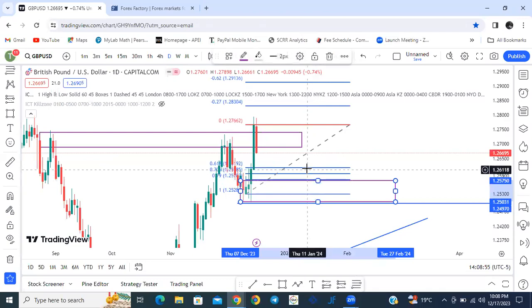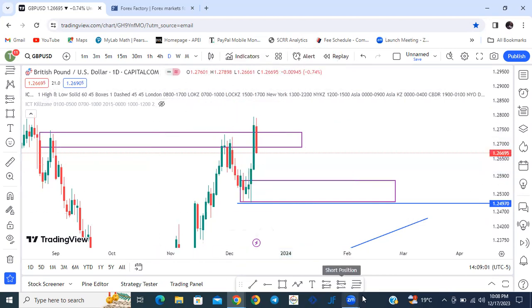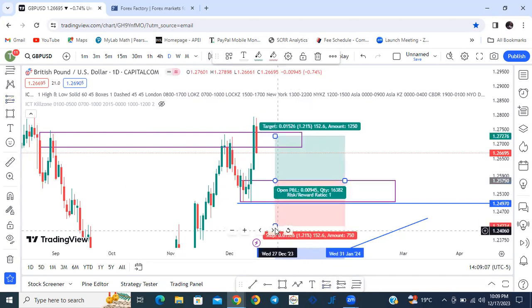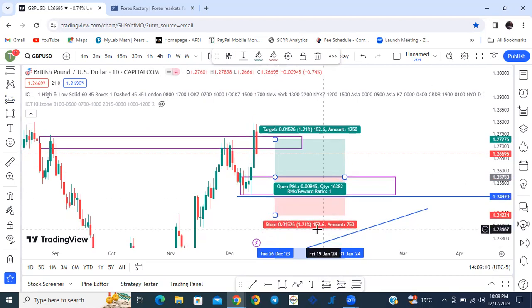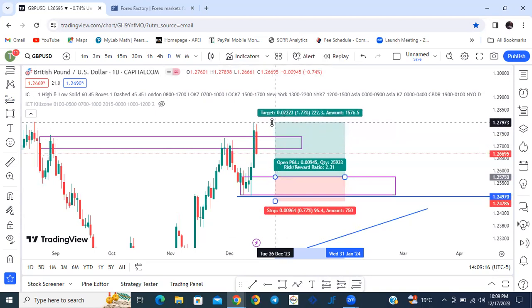So I'll want the price to reach around the 79% fib level, so that I can look for a buy entry, and my stop loss will be slightly below those lows. Then I'll be targeting all the way up.